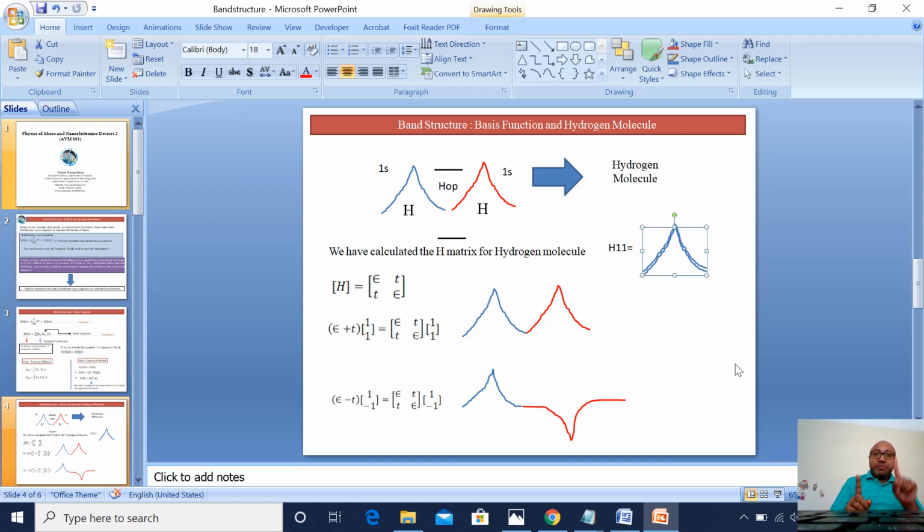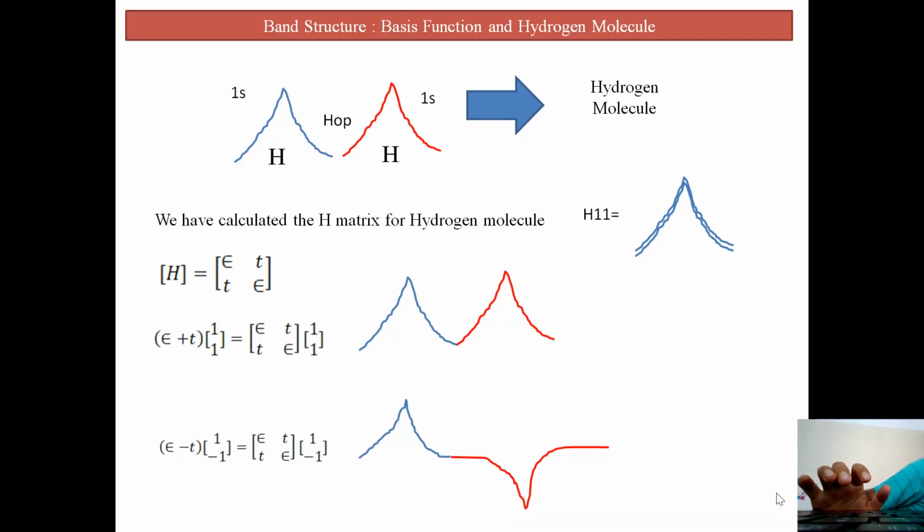So H11 means you have a wave function and you are multiplying with the same wave function. If you go through our last discussion, you will see we have calculated the component of H11.